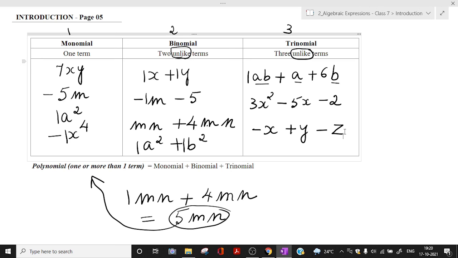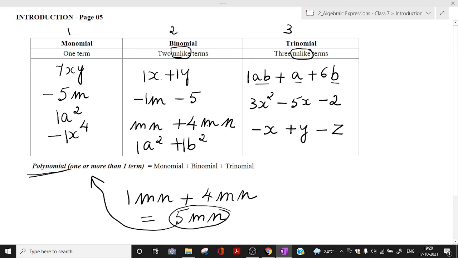Now remember one thing, if there are one or more than one terms in an expression, then it is called a polynomial expression. So don't get confused with polynomials. Polynomials are made up of one or more than one term.